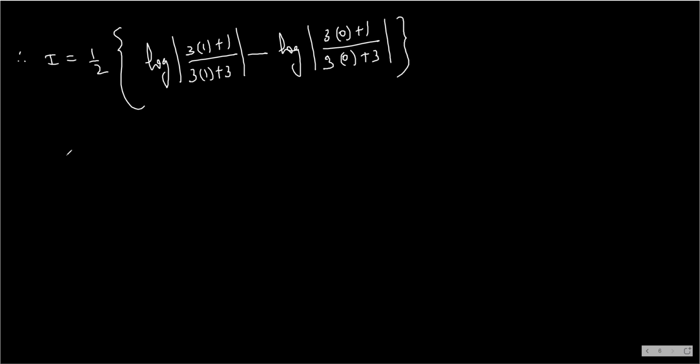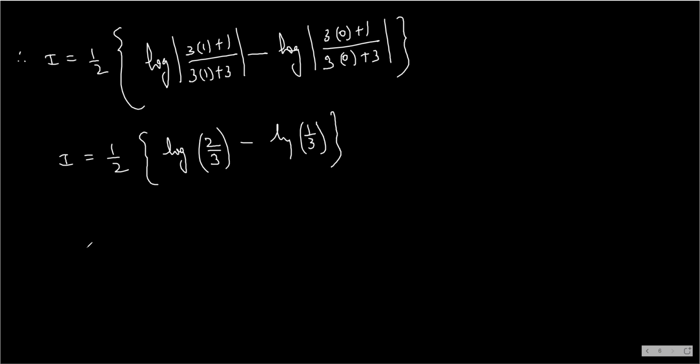And then see what you have. I equals 1 by 2 log of, this is 4 by 6, that is 2 by 3, minus log of 1 by 3. So the next step is log m minus log n equals log m upon n. So I get 1 by 2 log of (2 by 3) upon (1 by 3).